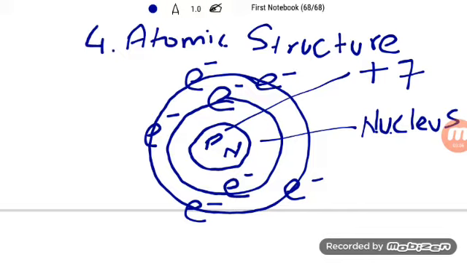That's why it is said that atoms are neutral species. So now you know the position of the nucleus, and this n is neutron, and neutrons generally don't carry any charge.